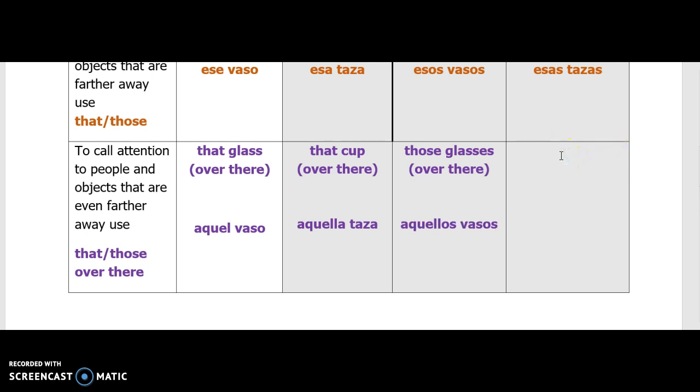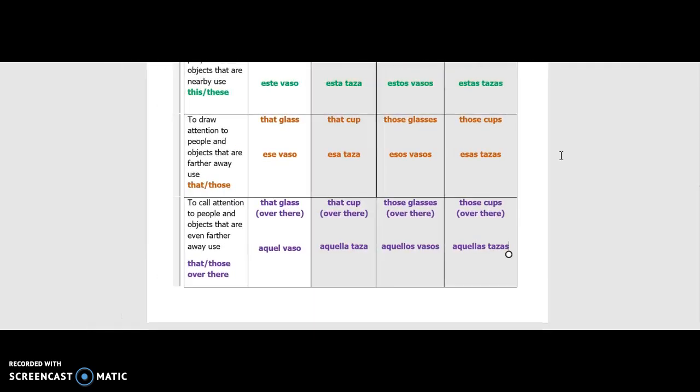And then last but not least, we are going to talk about those cups. Specifically the ones that are over there. Do what you think? Yep, that's right. Aquellas tazas. All right, there we go.